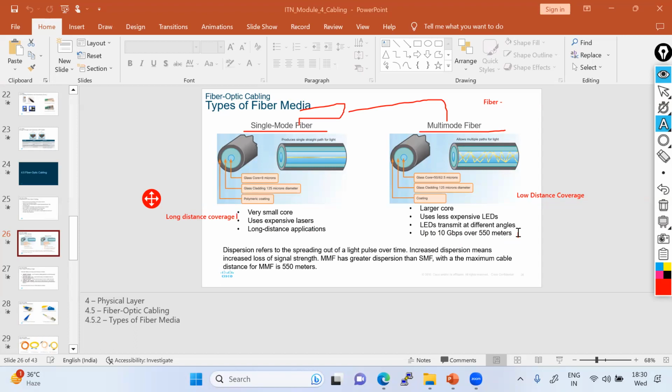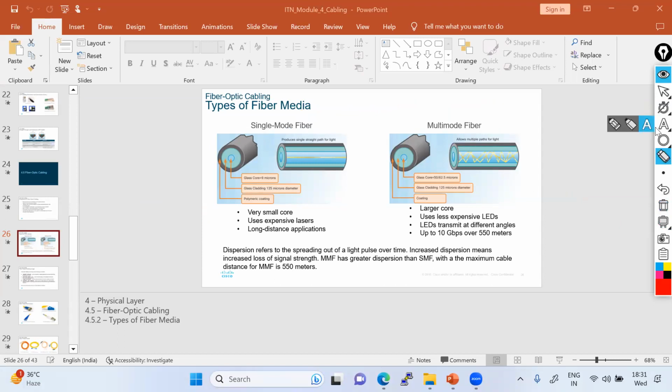But if you're having very long distance cable, then that is going to use single mode fiber. Okay. So fiber has two flavors, one is single mode, one is multi-mode, and these two can be used for the communication.